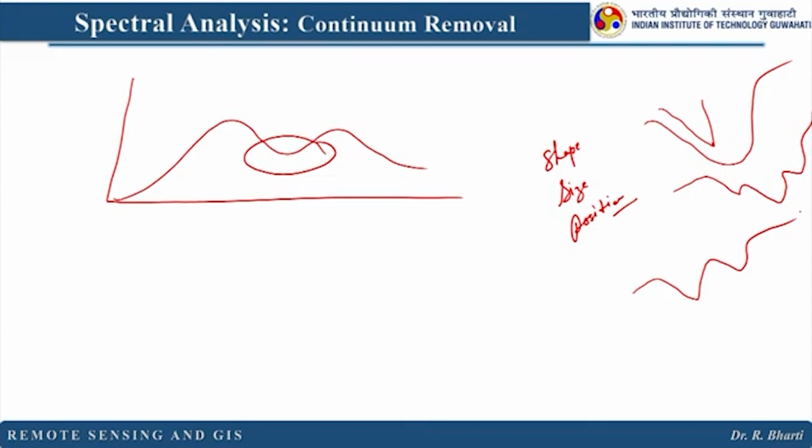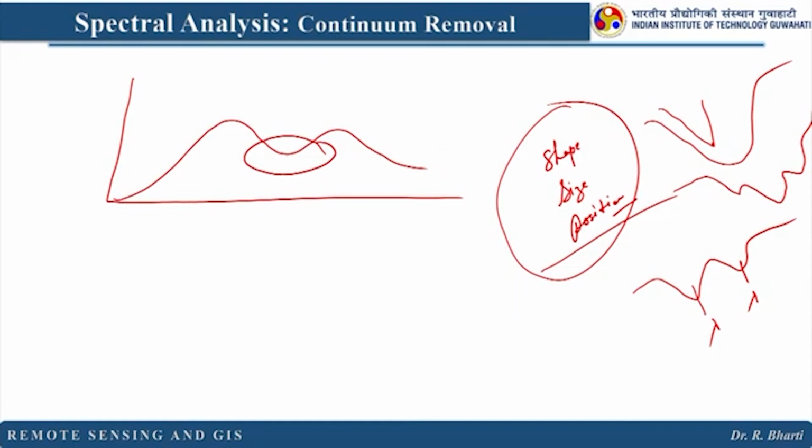Now, what is the position? That is, what lambda value it has, or what is the position of these absorption features in the wavelength, right. So once we have all this information, we can easily find out what the material is and what their contribution is.